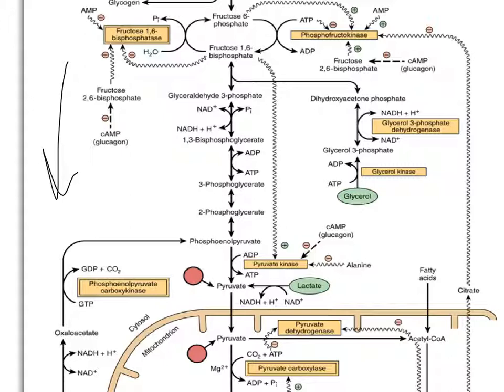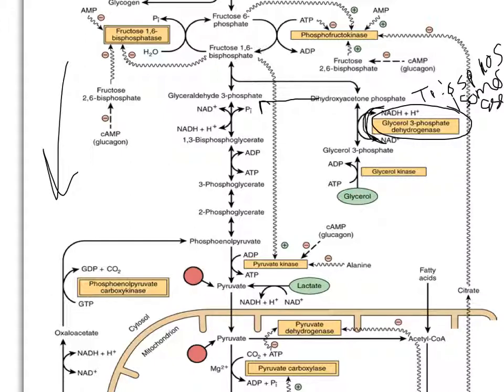Dihydroxyacetone phosphate can easily be converted straight into glyceraldehyde 3-phosphate by an enzyme called triose phosphate isomerase. Or it can be acted on by glycerol 3-phosphate dehydrogenase, in a reversible reaction to produce glycerol 3-phosphate.